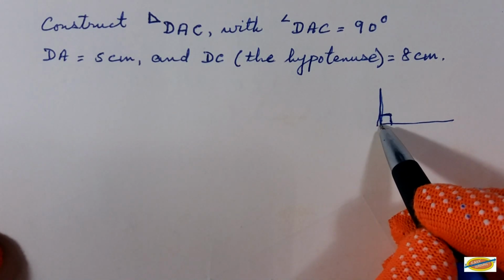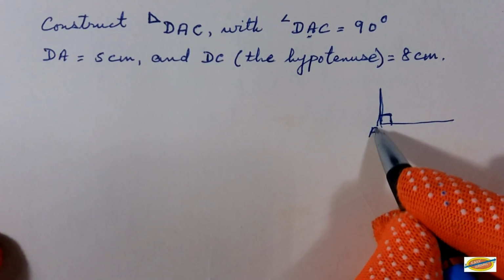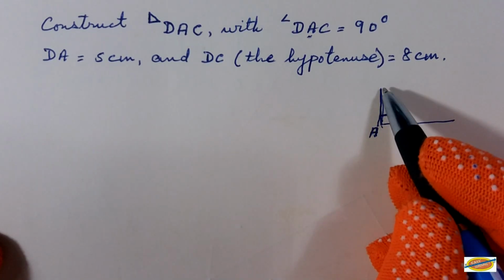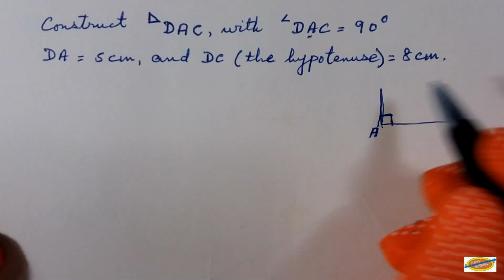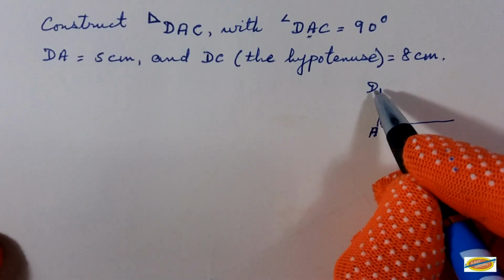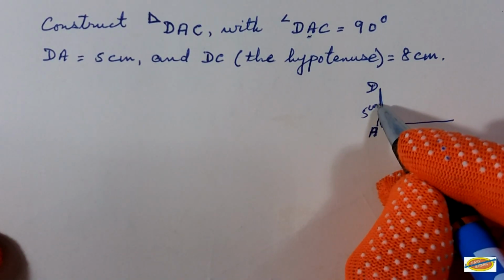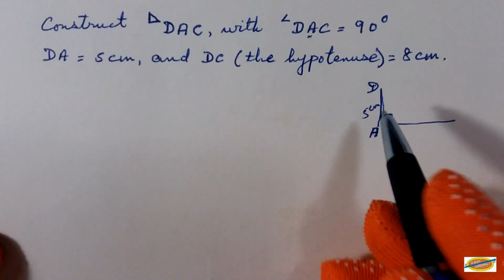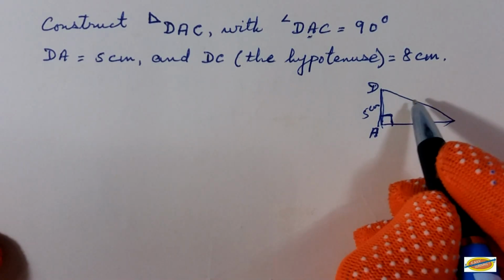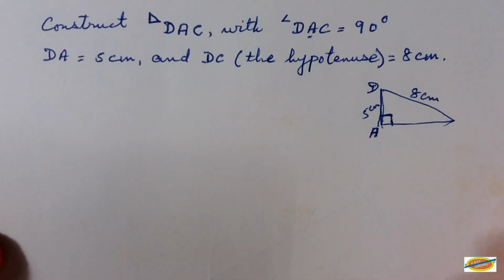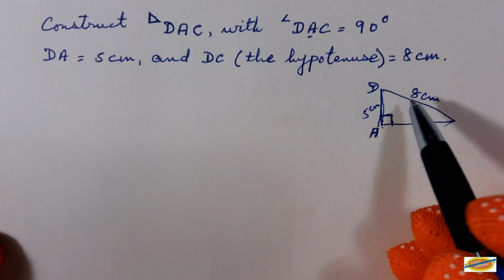This point here will be A, and we could let either this side or that side be D. Easier to put D up here. So DA 5 centimeters and DC, which is the hypotenuse, this is 8 centimeters. So that's the sketch of the triangle we want to draw.